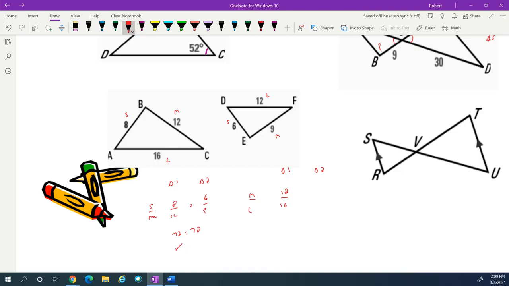And from triangle 2, medium over large would be 9 over 12. And we're going to cross multiply. 144 equals 144, so that worked. SSS similarity. And now we want to name those triangles in corresponding order. So let's see if we do ABC, then we're going to match it with DEF.